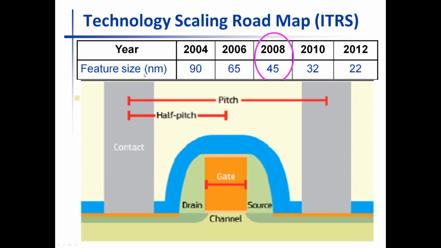So this feature size, sometimes in technical documents, you see it called the half pitch. Sometimes you see it called the gate size or the channel width. Different measures are used for this, but essentially it's a measure which refers to the size of the transistor, right?